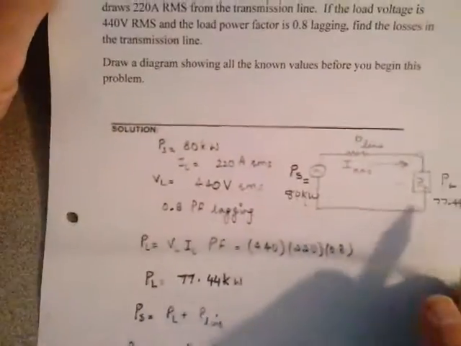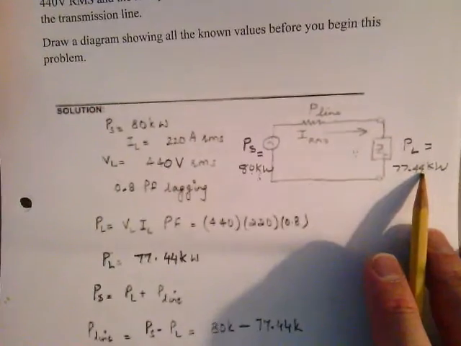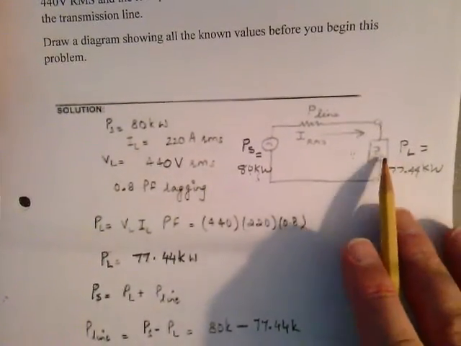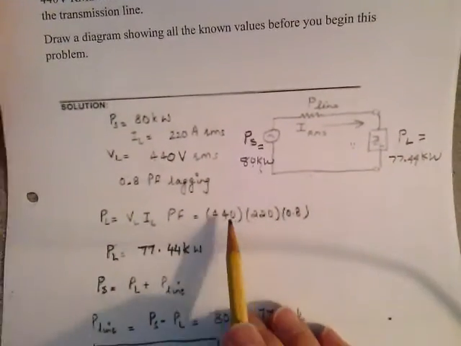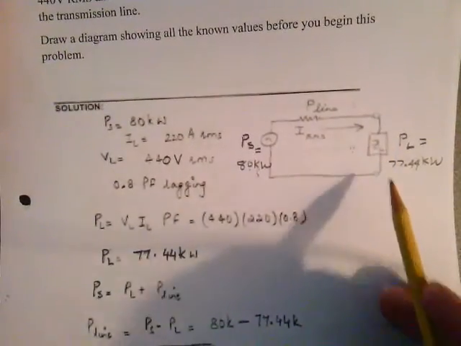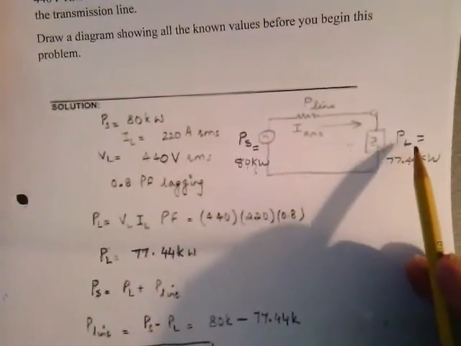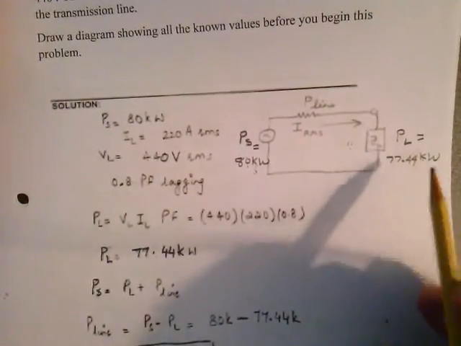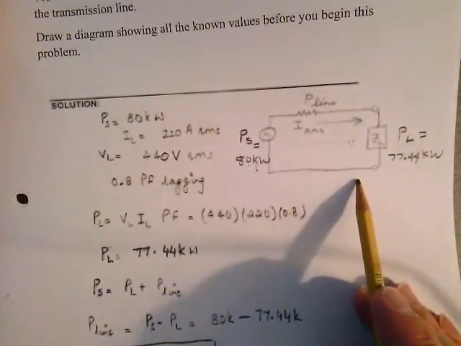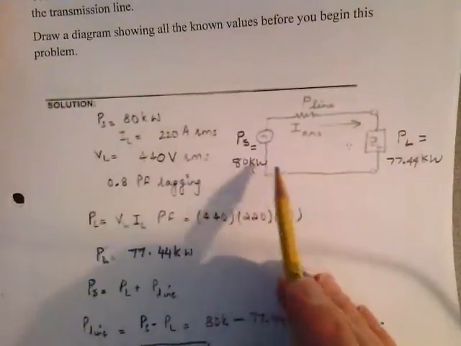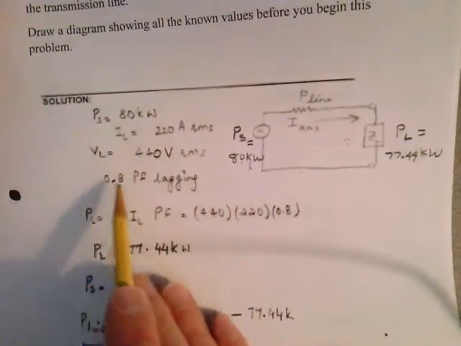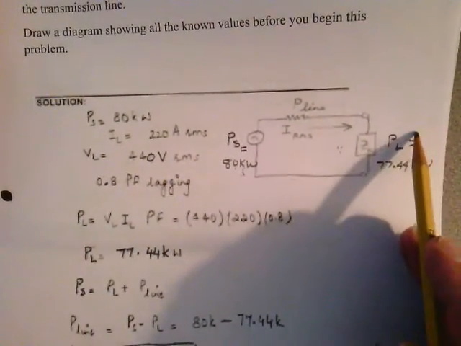That's the power that the customer uses. How do I know that? Because there's the 440 volts, that's the line voltage, and there's the current, and there's the power factor out here. Now, I would have known all that if I would have drawn this and put the values that I have here on this side.